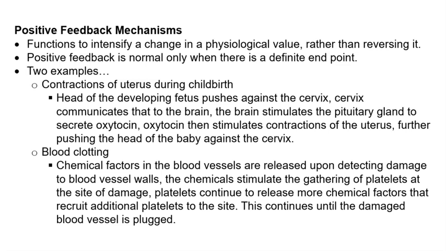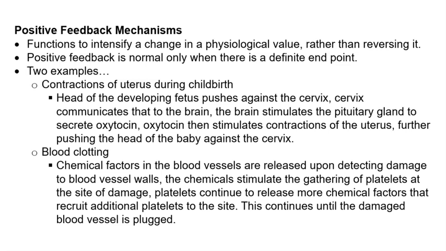And the second is blood clotting, in which we see that there are chemical factors that are released when blood vessels are damaged. And those chemical factors will stimulate the gathering of these small cell fragments called platelets at the site of the damage.